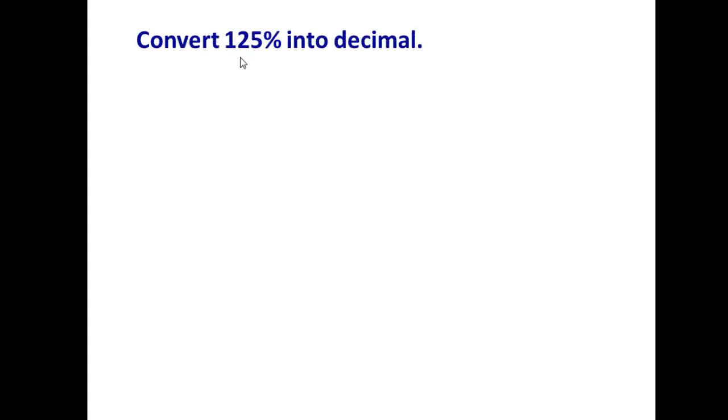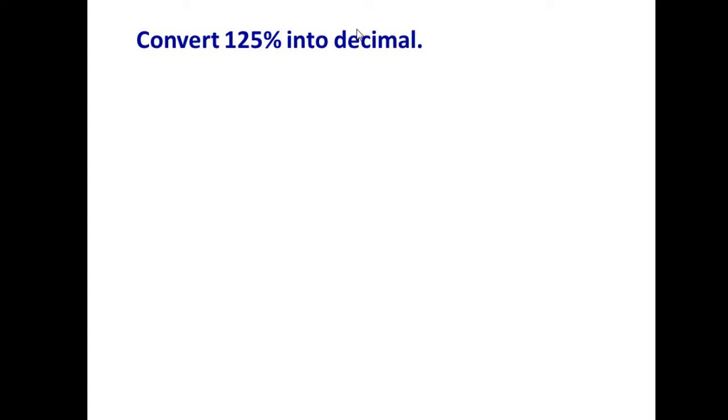Okay. Now another example. Convert 125% into decimal. Firstly, be very careful while you read a question and note the things. Percentage symbol is there, right? And you have to convert it into a decimal, means you don't need percentage.